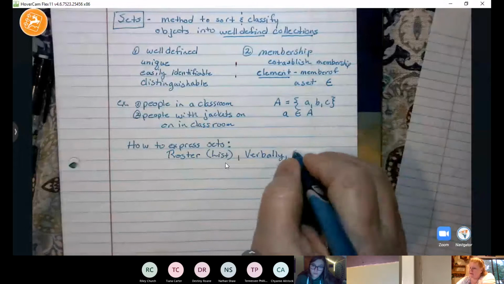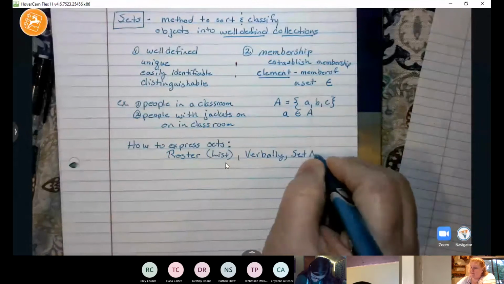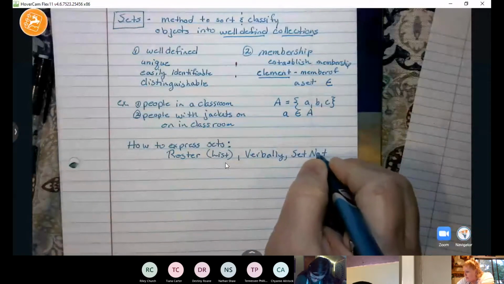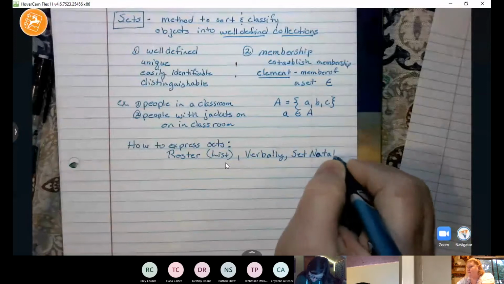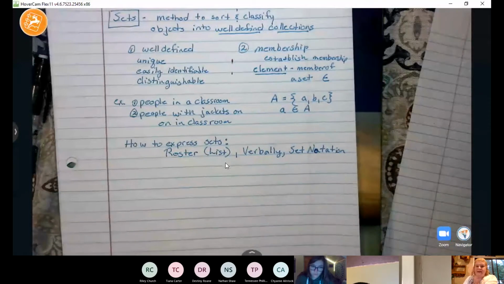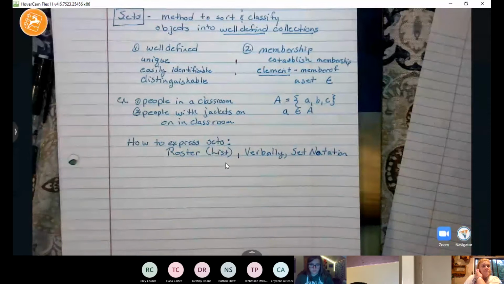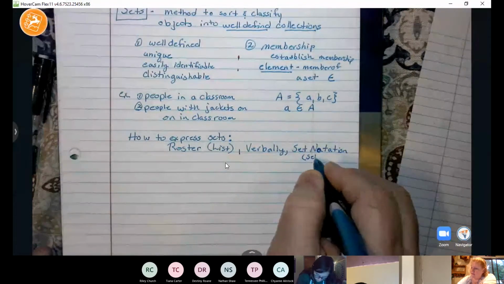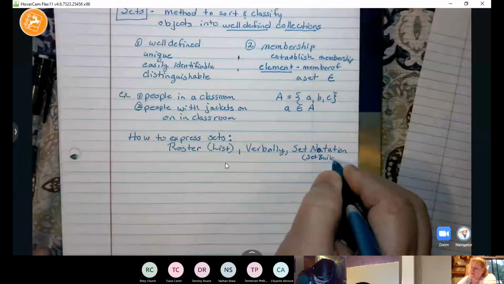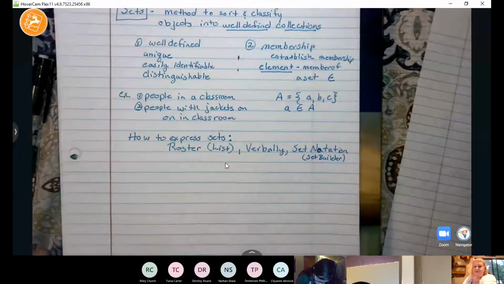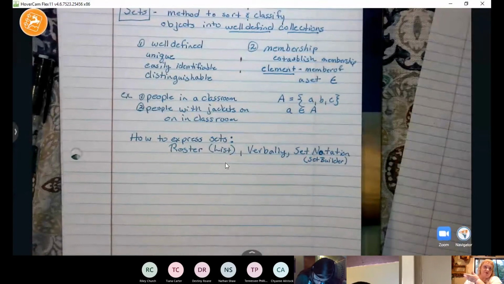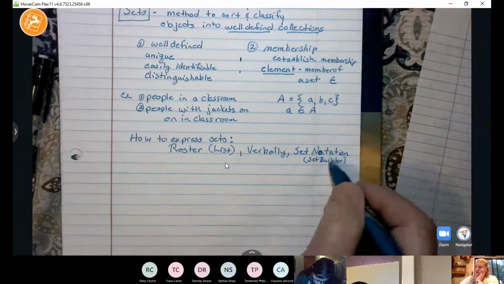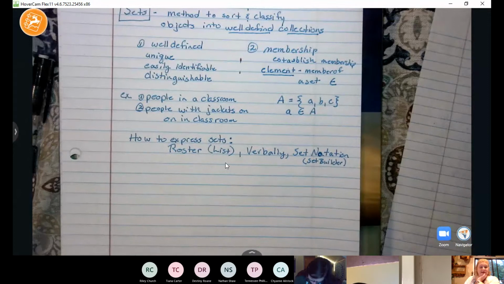And we use set notation. Now your textbook actually calls this set builder notation. So you will hear that term sometimes used by other people, other textbooks. It does mean the same thing. Set notation or set builder notation, that means the same thing.